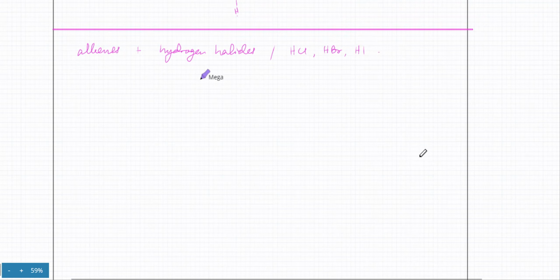So this reaction is nothing different, same as the ones before it. So you have an alkene, and there's an HCl molecule.